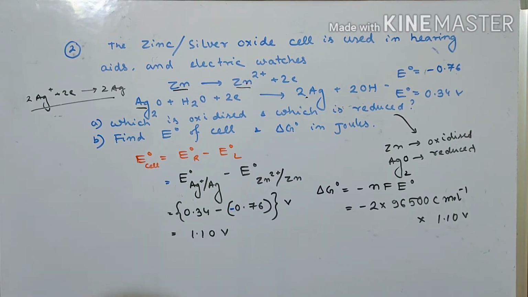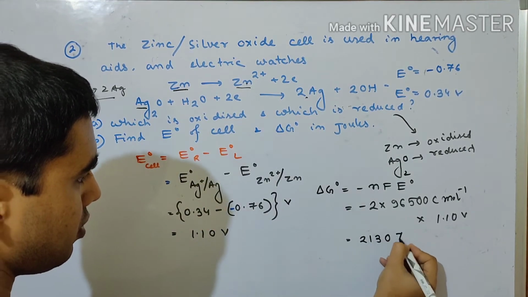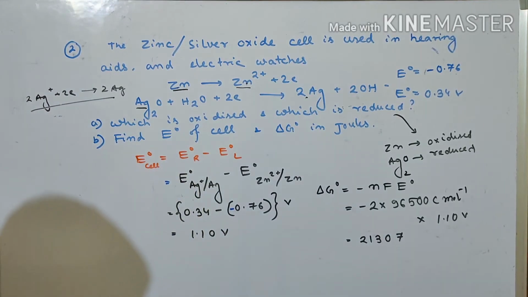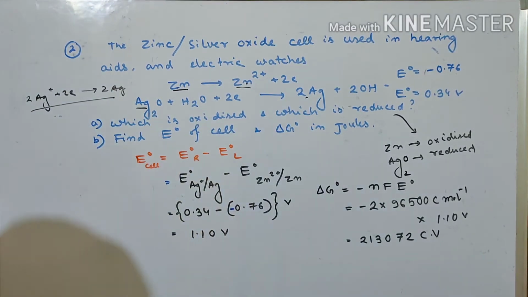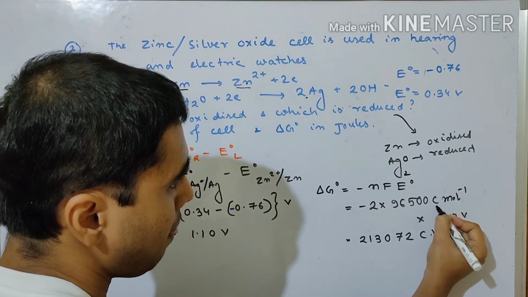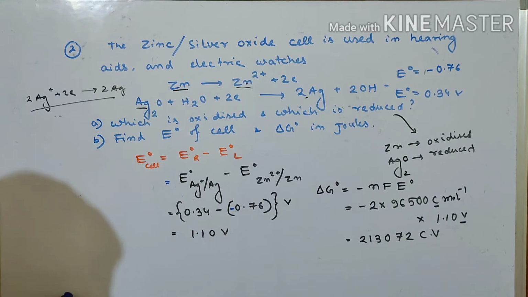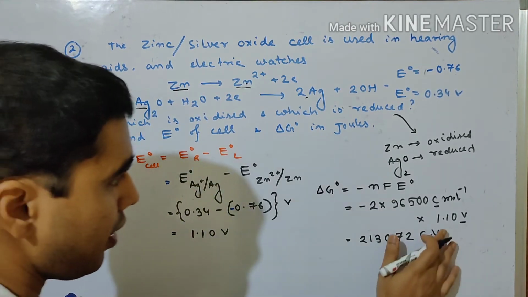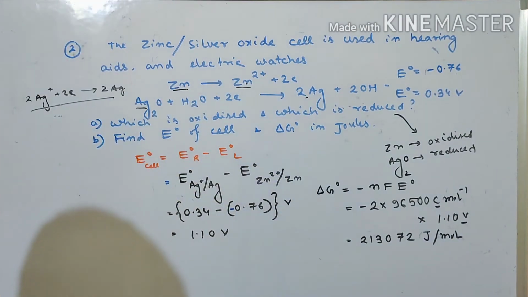I am getting 212072 coulomb volt. As we already mentioned, coulomb into volt gives joules, and obviously this value is this much joule per mole. So this is the value that we are getting.